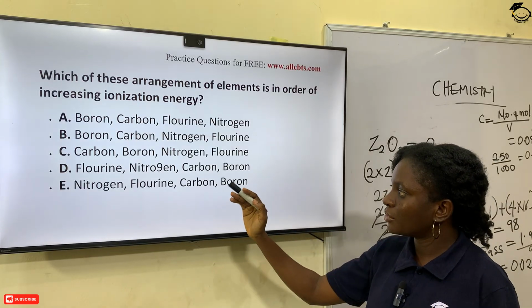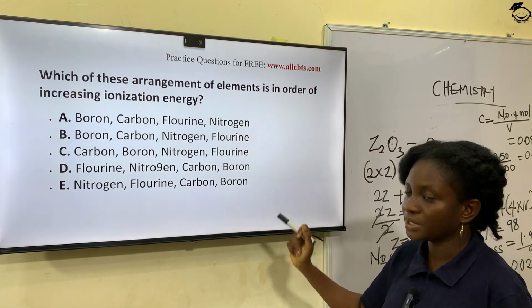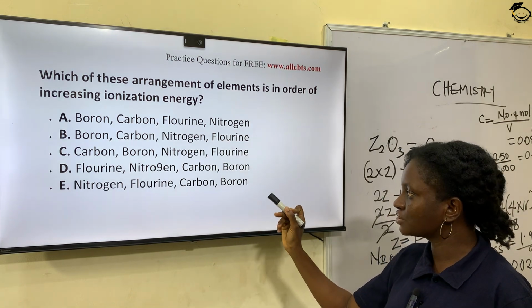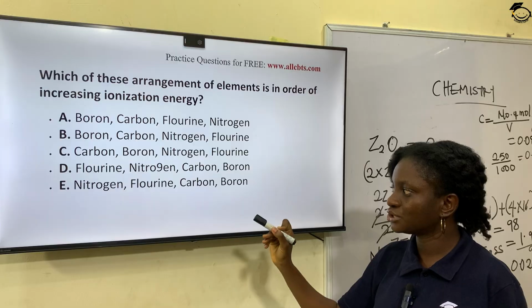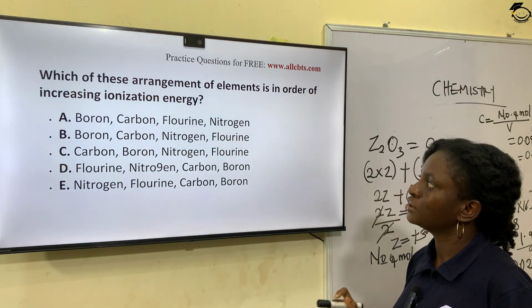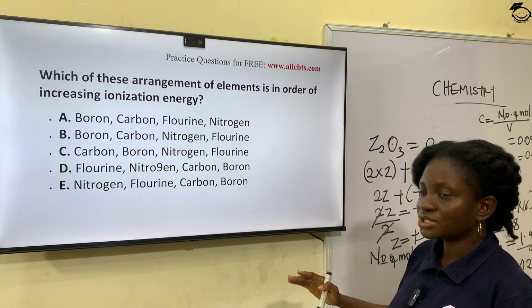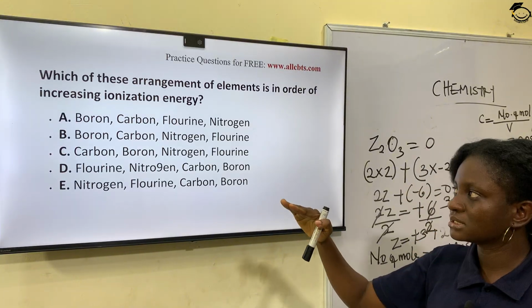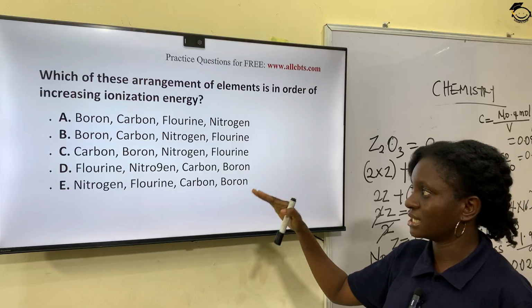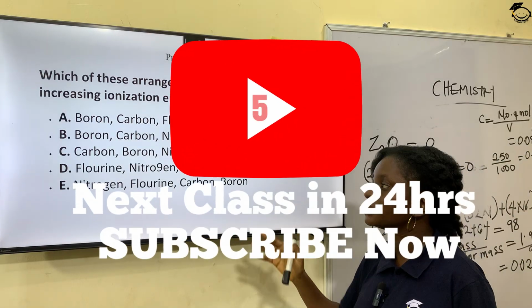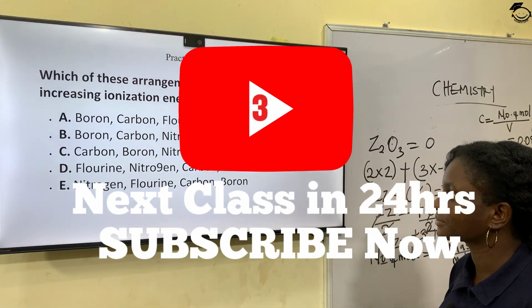C, carbon, boron, nitrogen, fluorine. D, fluorine, nitrogen, carbon, boron. E, nitrogen, fluorine, carbon, boron. The correct answer is boron first, carbon, nitrogen, and fluorine. That's the order of increasing ionization energy. Option B is the correct answer.